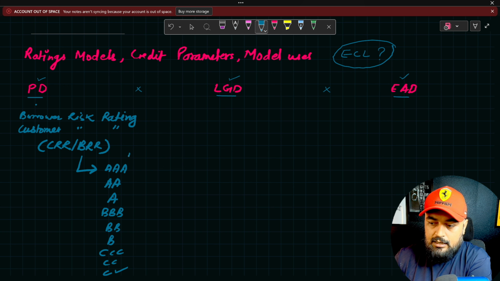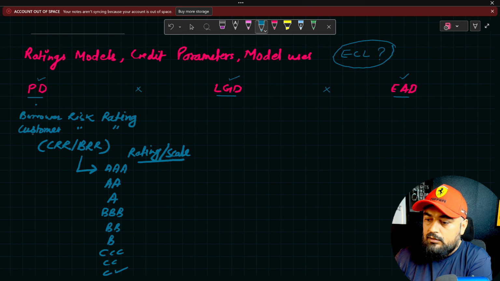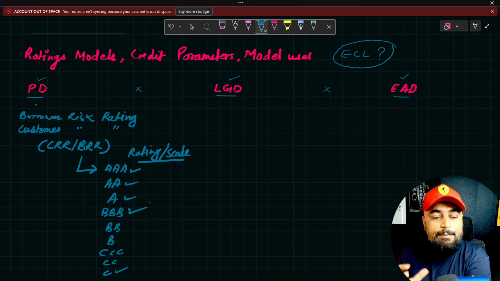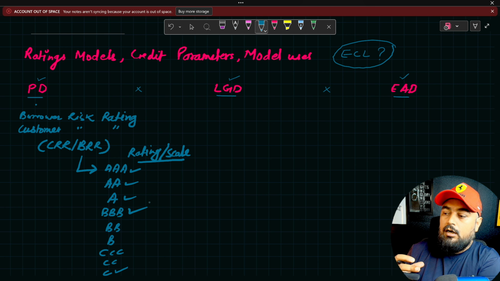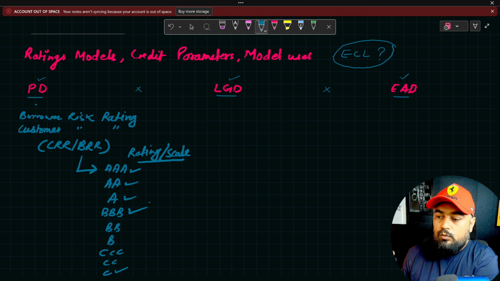So this is the rating, or you can say scale, which different banks use to give the customer a bucket. Every customer would be part of either this bucket or this bucket or this bucket, depending on the kind of formula which we have been using, right? Because every bucket would have its own semantics.